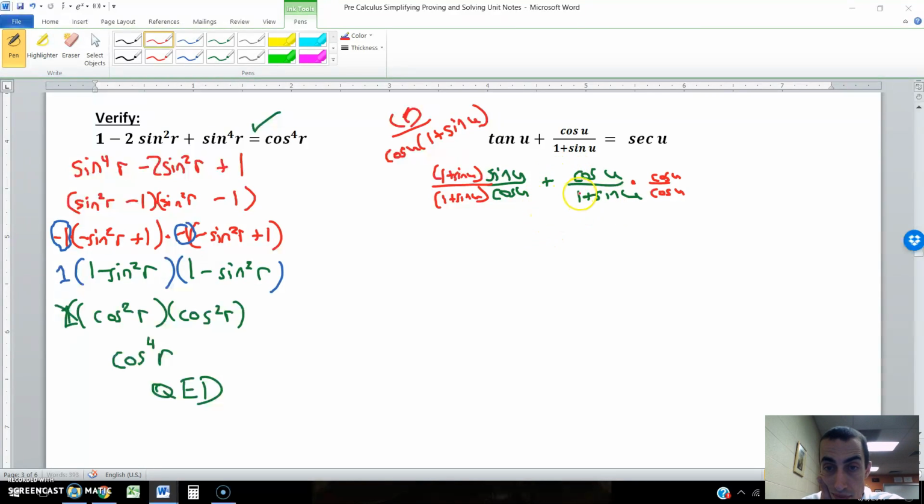All right. And of course, when we multiply this cosine of u times that denominator, we would need to multiply by both things, and we signify that by putting parentheses around it. All right, now we have two fractions with the same denominator. So I'm going to add those two fractions together.